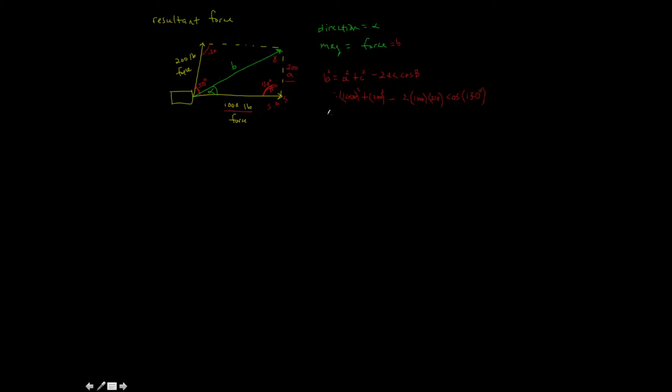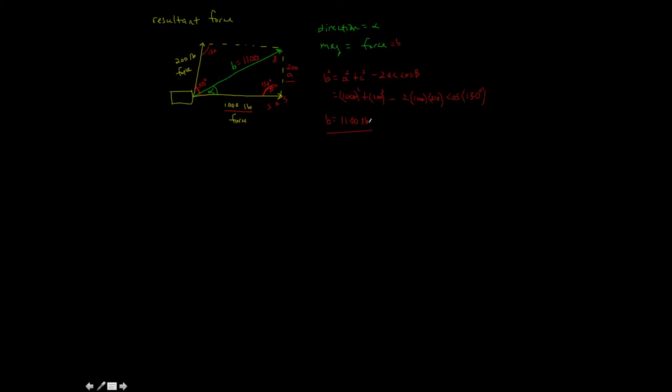And so once you solve that and take the square root of both sides, you'll get your B to be approximately 1,100 pounds. So I know this right here is 1,100. That is the force at which I'm moving that rock in that direction. 1,100 pounds of force.